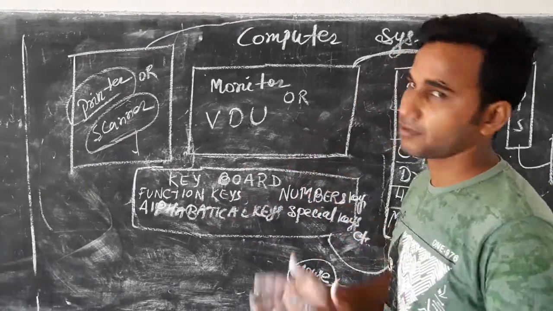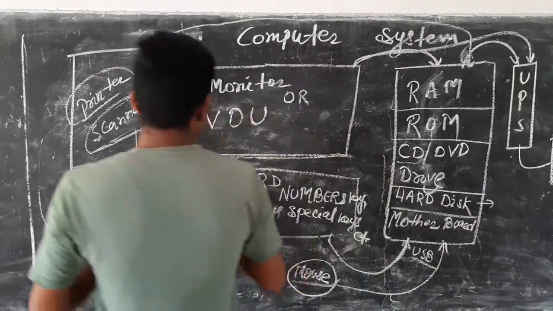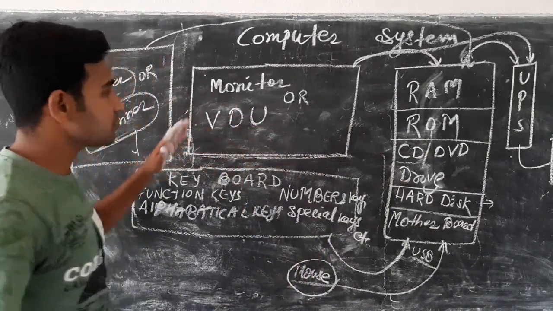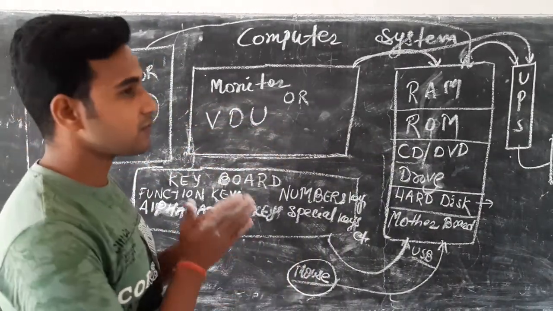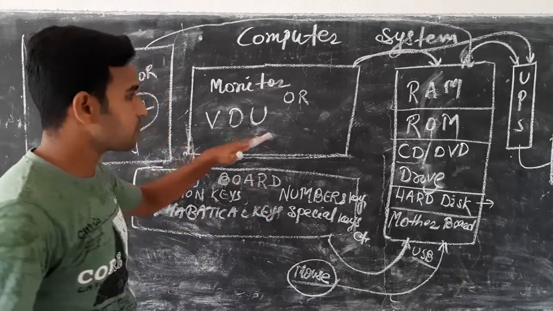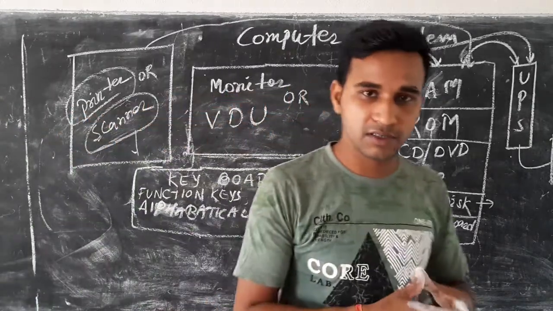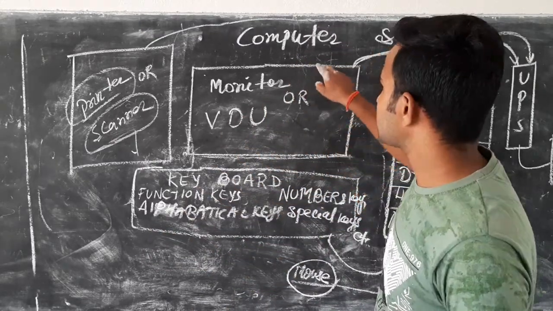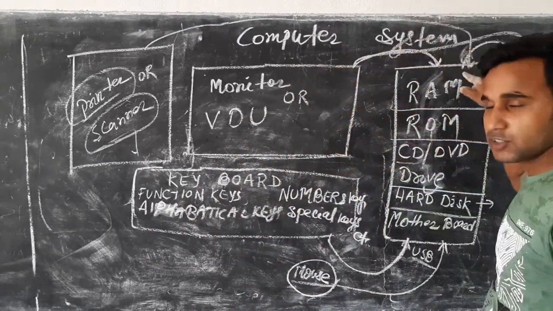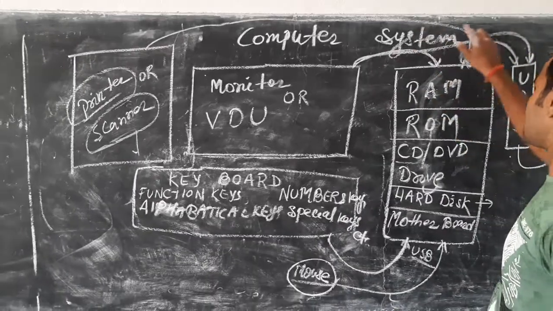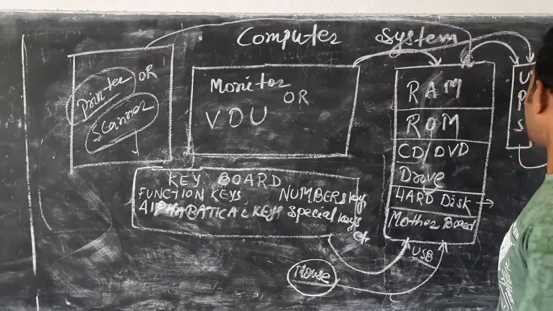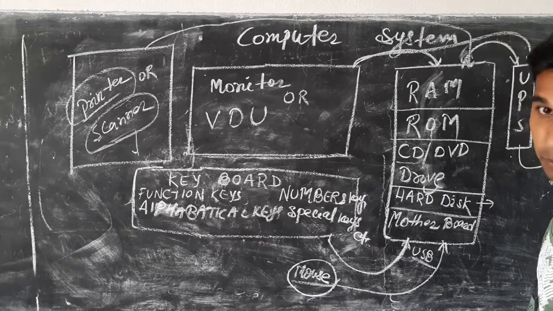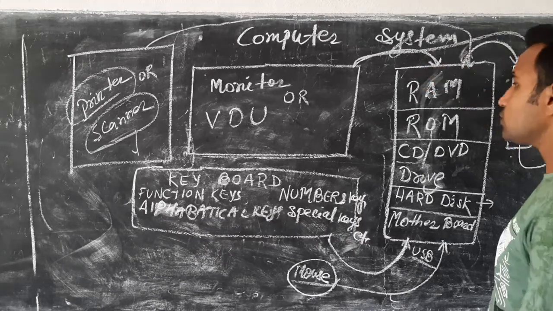This is very important. We have discussed the monitor. Its other name is VDU. VDU stands for Visual Display Unit. This is an output device. It is connected with the CPU and electricity board. That means if a UPS is available, it is connected to the UPS.